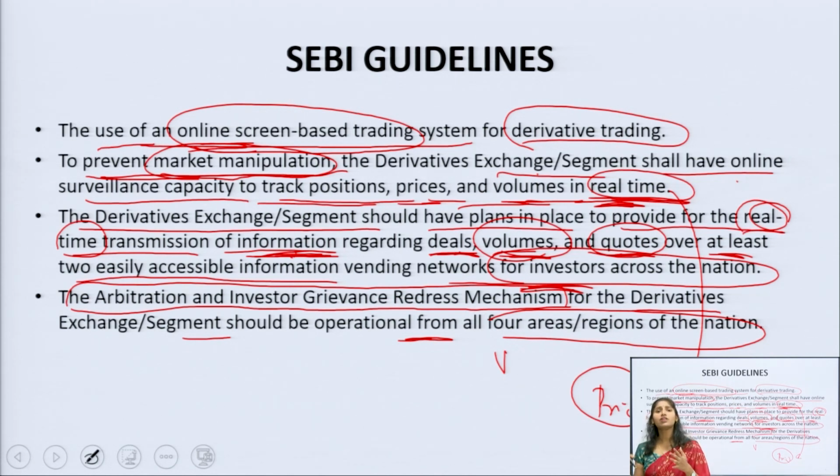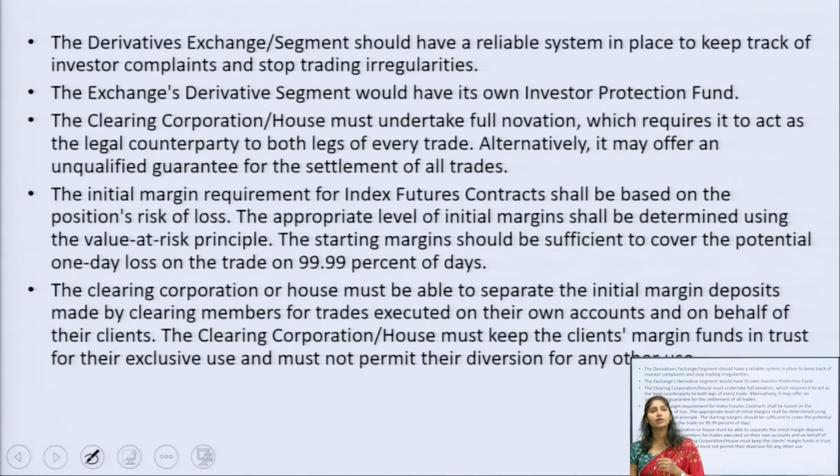They may have problems related to losses also. For the benefit of that investor, a mechanism has been created: arbitration and investor grievance redress mechanism. This should be operational, SEBI says, from all 4 regions of the nation. This is another SEBI guideline.